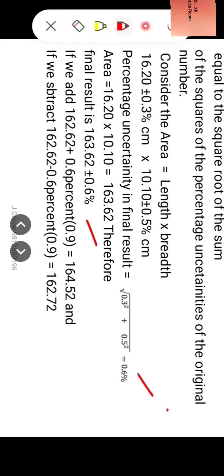If we add the uncertainty, then it comes out to be 164.52 centimeter square, and if we subtract, it comes out to be 162.72 centimeter square.